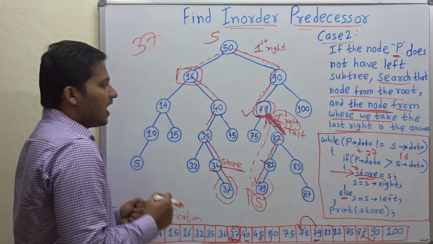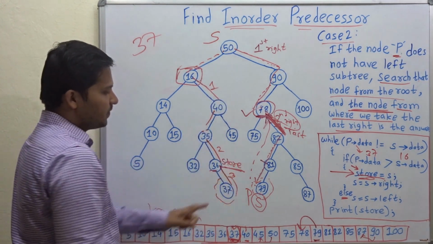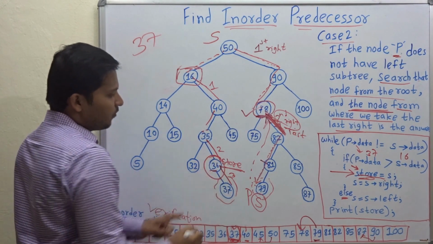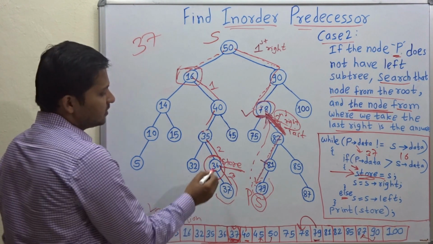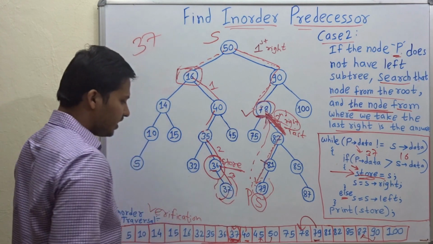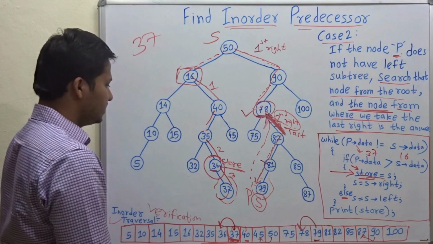Now where is the last right? See, this is the first, this is the second, this is the third. So this is the last right, and from 36 we have taken that last right turn. So 36 is the in-order predecessor of 37. Let's check. Yes, it is the in-order predecessor.